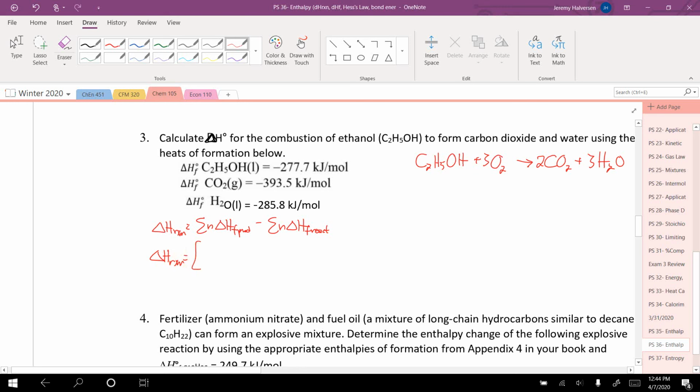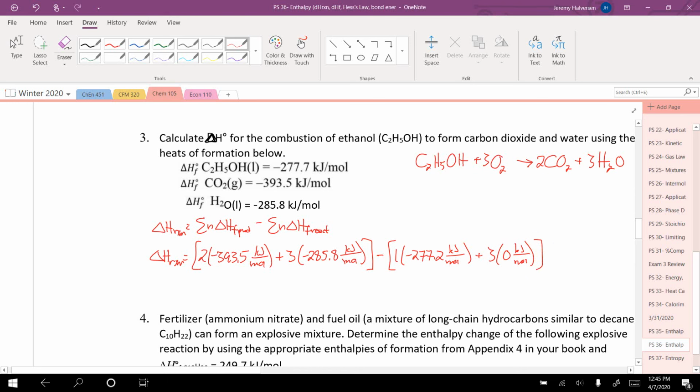My products are two CO2s plus 3 waters. And then my reactants are 1 ethanol and 3 oxygens. Oxygen's a pure element at standard state, so 0 for the delta H of formation.